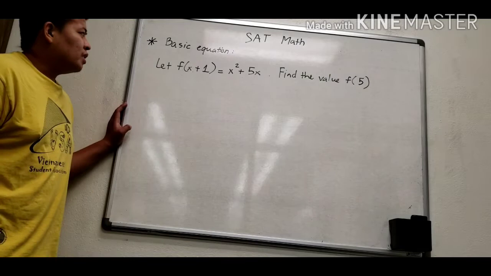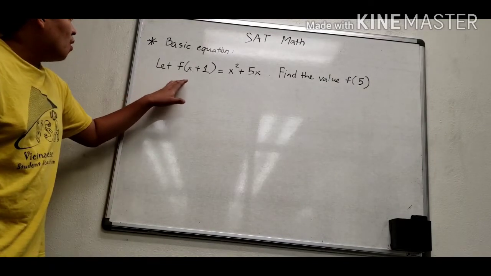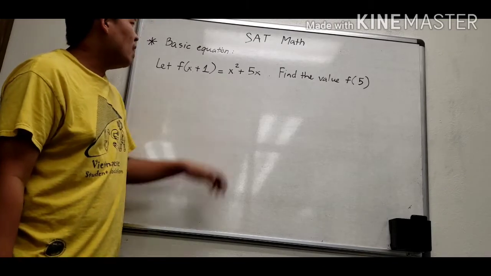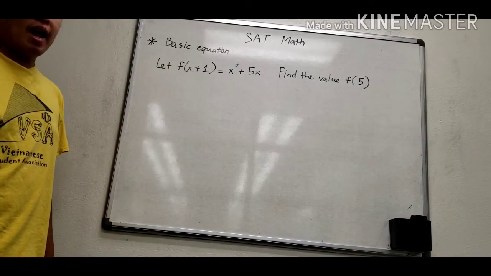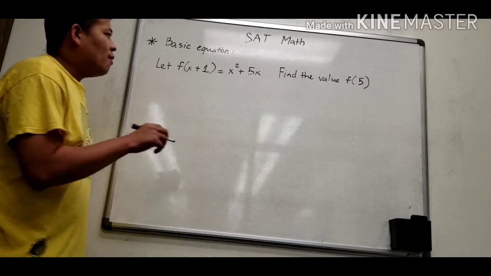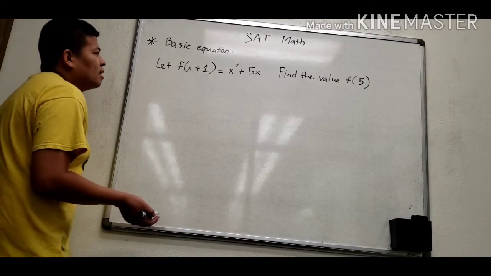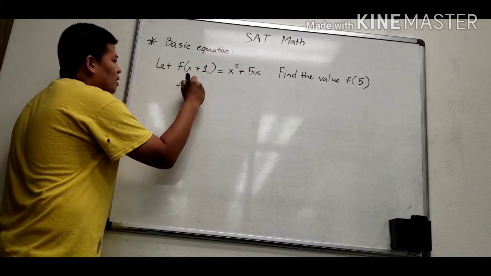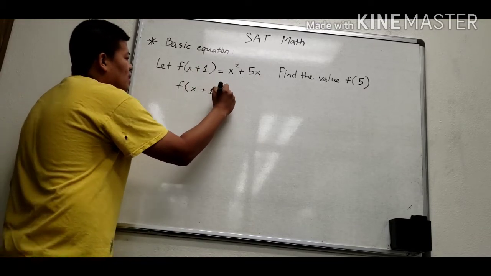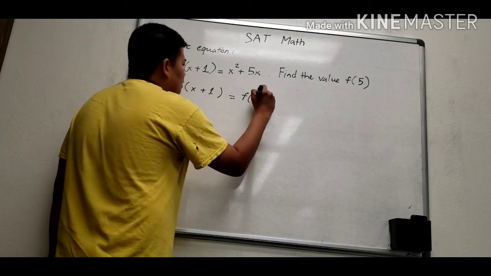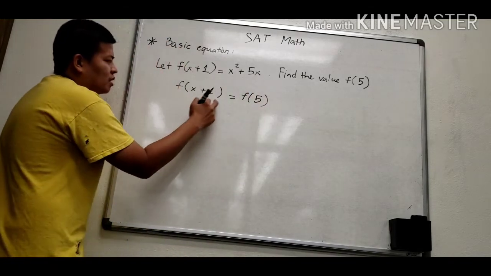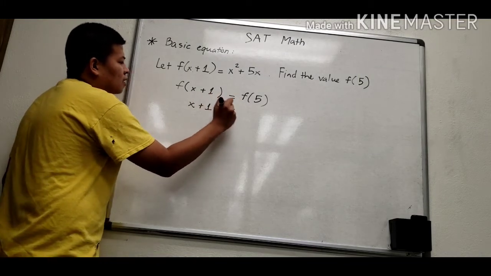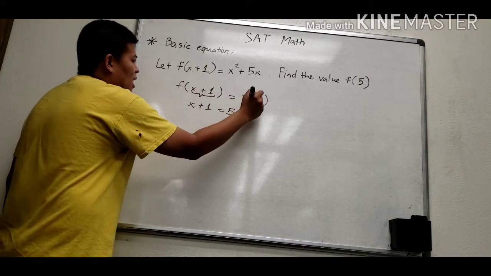That's the next question. Let f open the brackets s plus 1 close the brackets equal to s power 2 plus 5s. Find the value of f of 5. In here we can know that if you want to get the same as f(5), s plus 1 should be equal to 5 because that's the inside of the function.